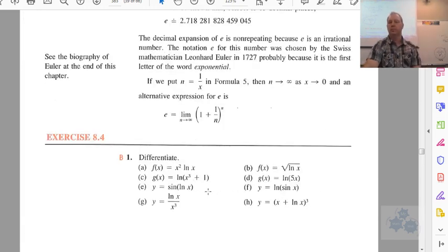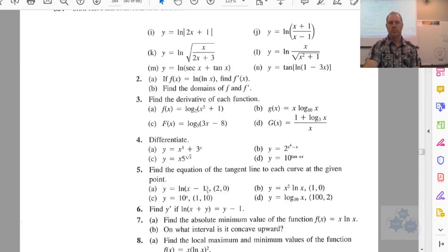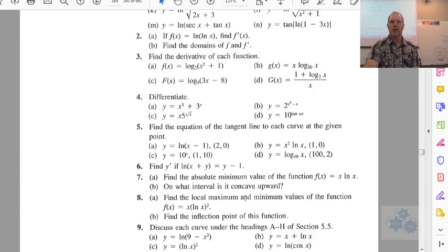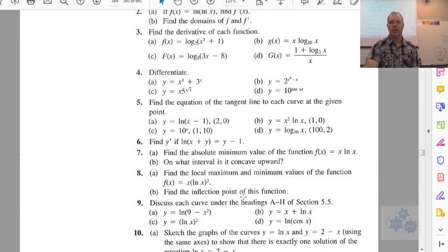Number 1. So I might do an example of a log derivative too, if you would like.